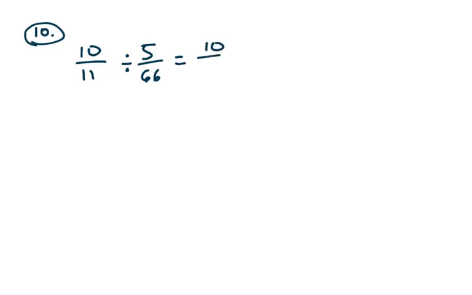Number 10, we have 10 over 11 divided by 5 over 66. So once more, keep, change, flip, and we're going to see if something divides out.